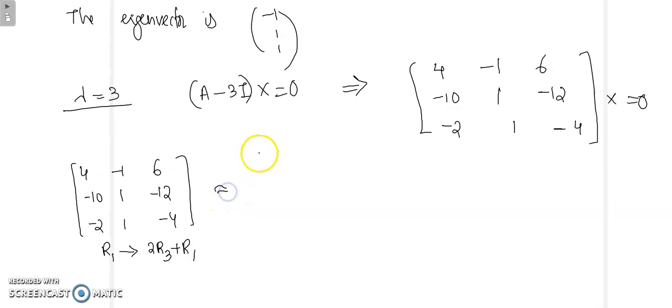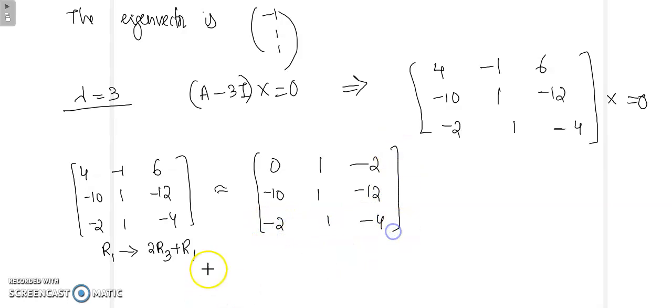So that will give 0 and 2, minus 1, 1. Then minus 8 plus 6 is minus 2. Again you have minus 10, 1, minus 12, minus 2, 1, minus 4.